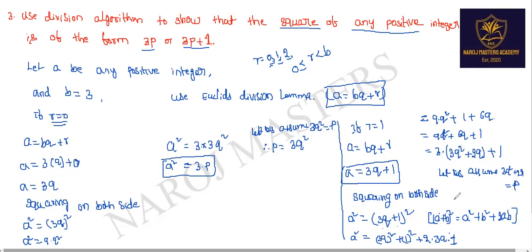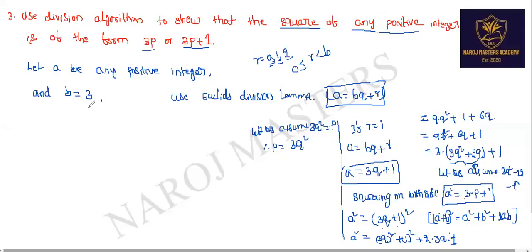Then it is in the form of a square is equal to 3 into p plus 1. Look here. If we assume this value is p here, then it is in the form of 3p plus 1. Hence, it is proved. Is it correct? So, when r is equal to 0, a square is equal to 3p. And when r is equal to 1, square of a is 3p plus 1. It is in the form of 3p plus 1.